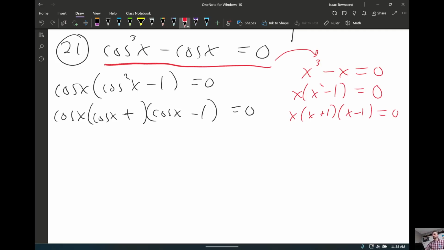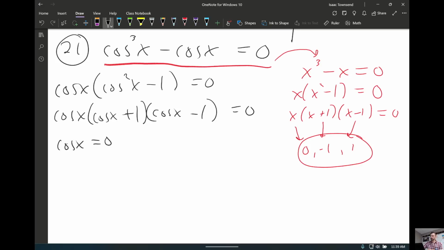And then in algebra, if you set each one of these equal to 0, you end up with your 3 solutions. But for us, the end of our question is going to be a little bit different. You got to set each factor equal to 0 and solve. And instead of those being your answers, these are where your answers come from.